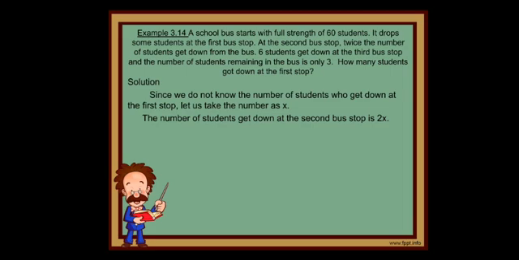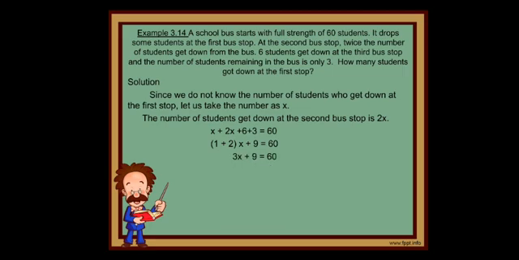So the number of students who get down at the first stop plus the second stop plus the third stop plus the students remaining in the bus will be equal to 60. So x plus 2x plus 6 plus 3 is equal to 60. x plus 2x is 1 plus 2 into x, plus 6 plus 3 is equal to 9. 3x plus 9 is equal to 60.